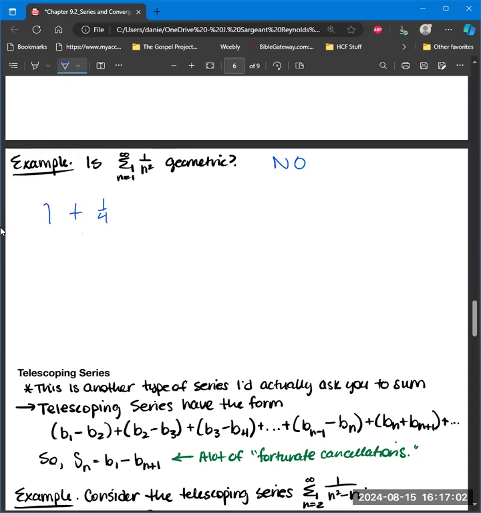Each time I'm not multiplying by a common ratio to get the next addend. 1/4 over 1 equals 1/4. 1/9 divided by 1/4 is 4/9, and they're not equal, so not geometric.